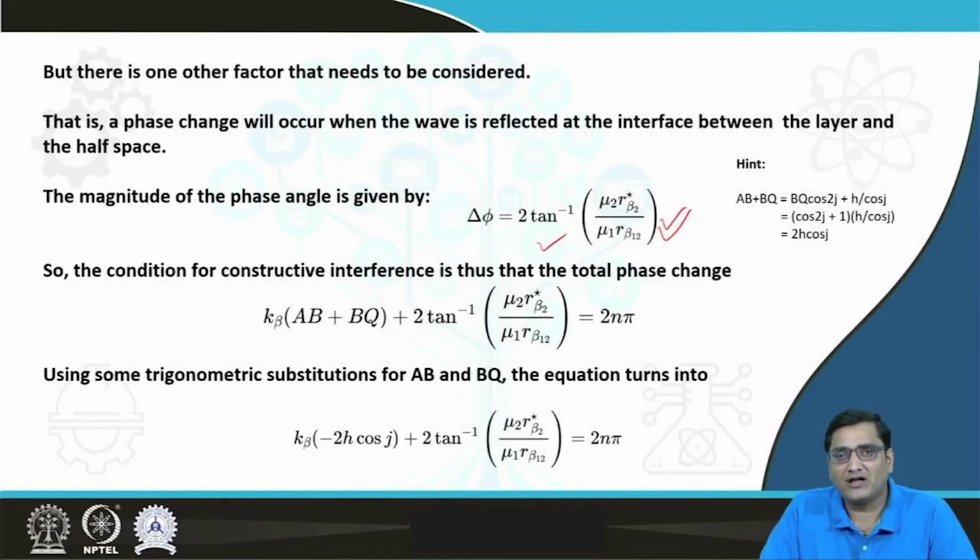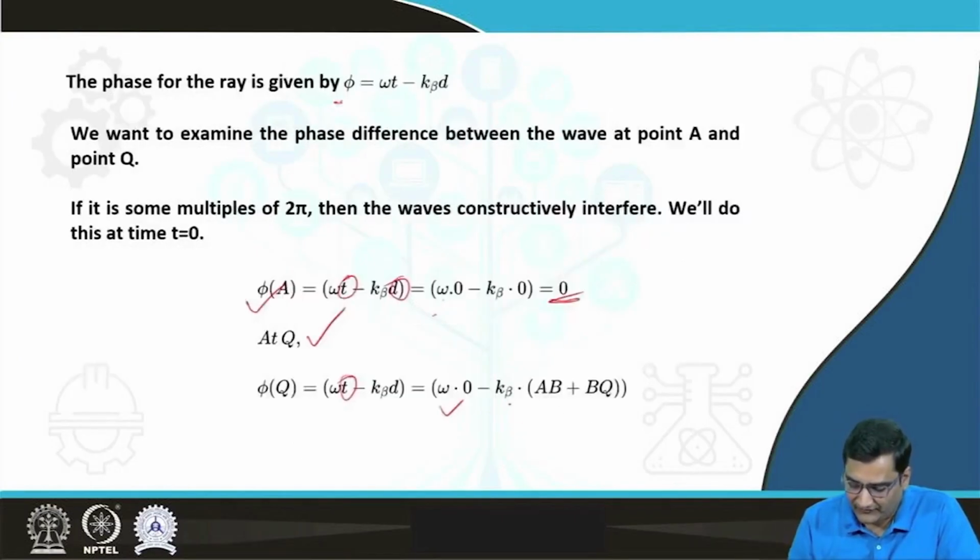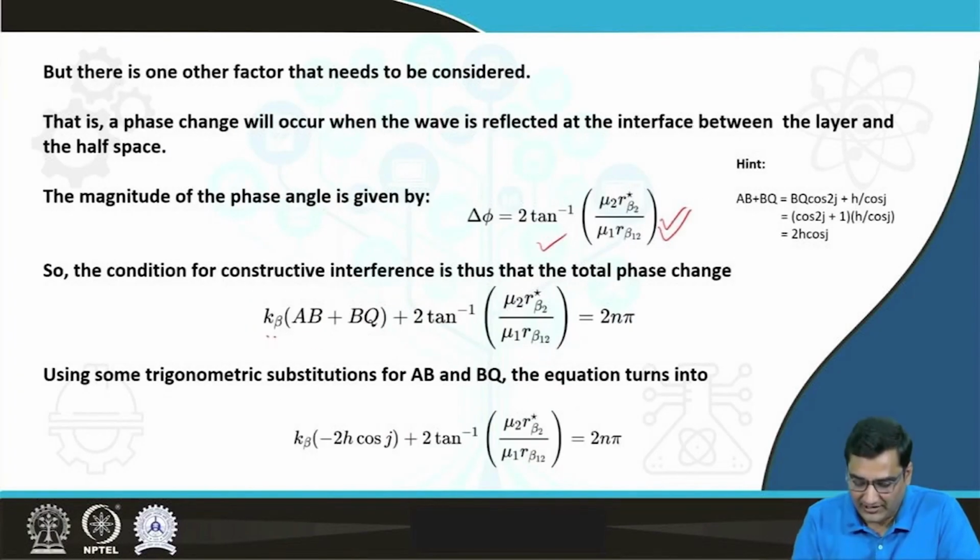In order to have that condition hold true, we defined that the phase difference will be equal to 2 tan inverse of mu2 r beta 2 star divided by mu1 r beta 1. So the total phase difference between A and Q will be k beta (AB plus BQ) plus this much phase difference.